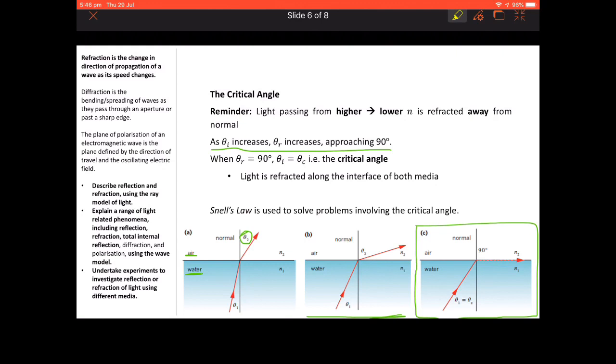So just to reiterate, when the angle of refraction is 90 degrees, the angle of incidence is called the critical angle. So this angle here. You can use Snell's law to solve problems involving the critical angle.